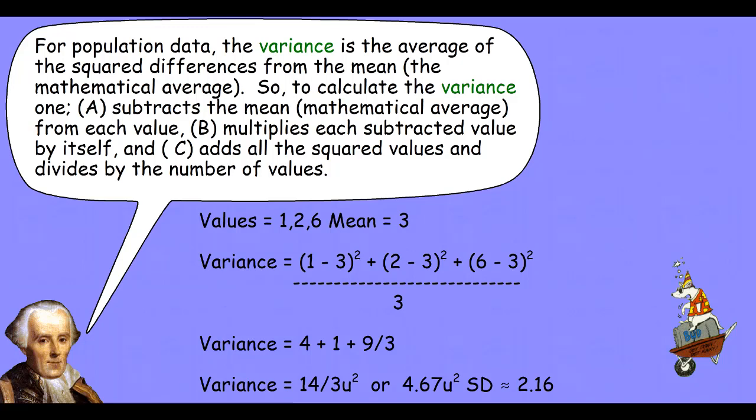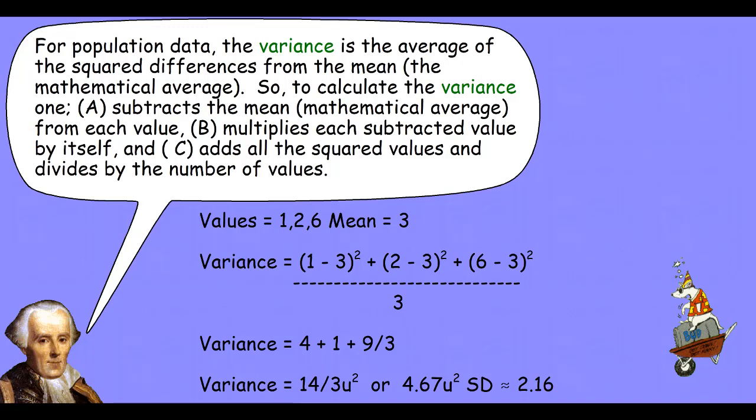Then add that number to the others. So 1 minus 3 squared plus 2 minus 3 squared plus 6 minus 3 squared. That total will then be divided by the total number of data points, 3.